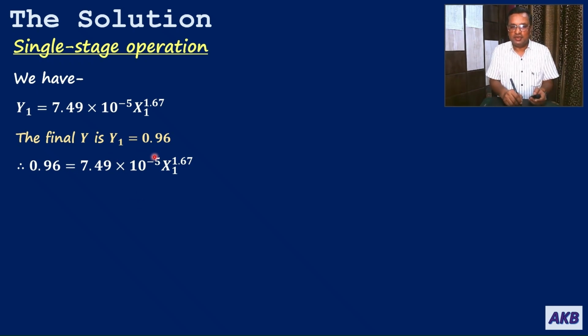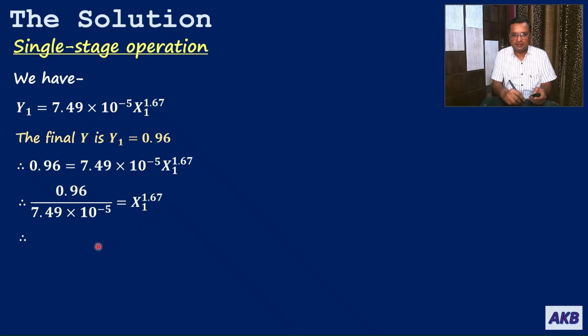So in this case, capital Y1 is 0.96. Therefore, if you use this in this equation, it will be 0.96 is equal to 7.49 into 10 to the power minus 5 x1 raised to 1.67. That is, 0.96 divided by 7.49 into 10 to the power minus 5 is equal to x1 raised to 1.67.